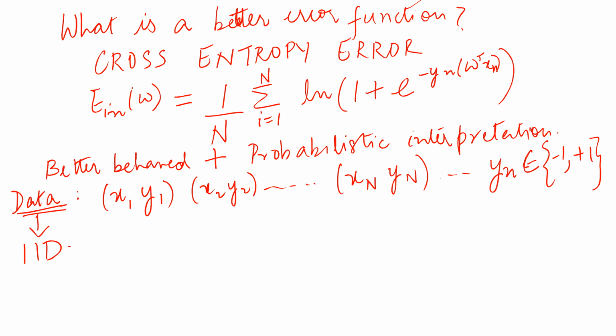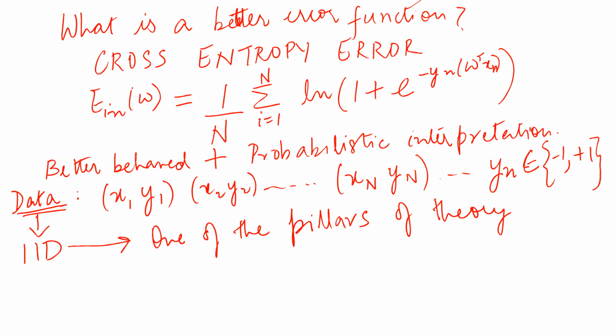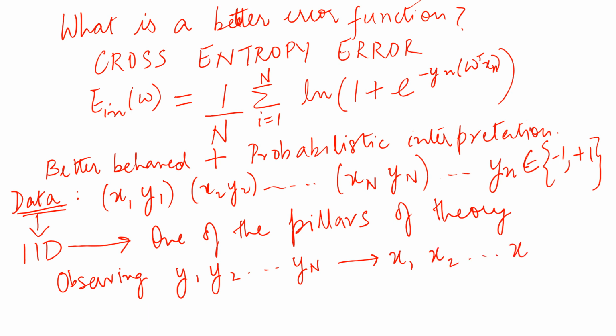And why do you think that is? Of course, that is because it is one of the important pillars of all the theory that we develop, right? So we assume that this is independent, identically distributed. Now, what is the probability of observing these y's, like y1, y2, and so on up to yn, given that they are occurring on x1, x2, and so on up to xn?